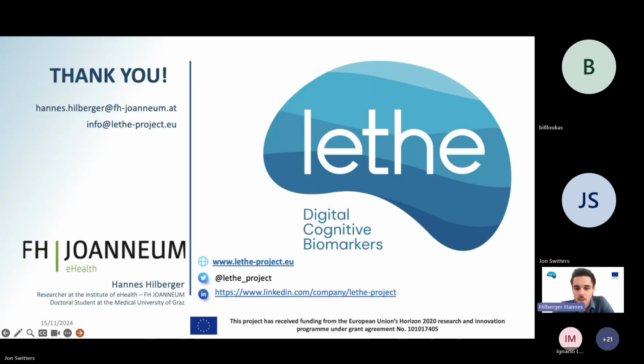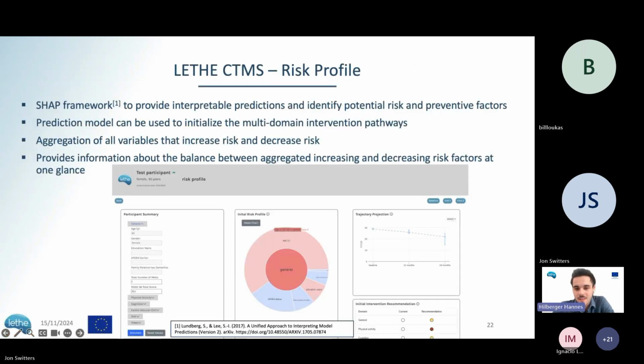You can also click on a domain and see each variable, how it contributes to a high or to a low risk. And what is interesting about the risk profile itself is on the left side, where you can see all the variables used for the models.